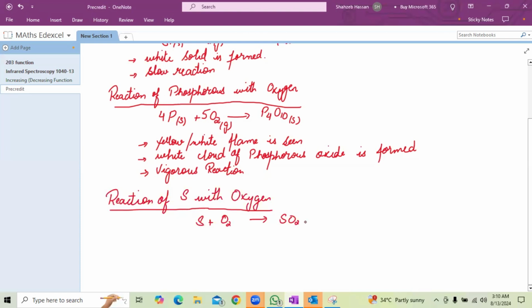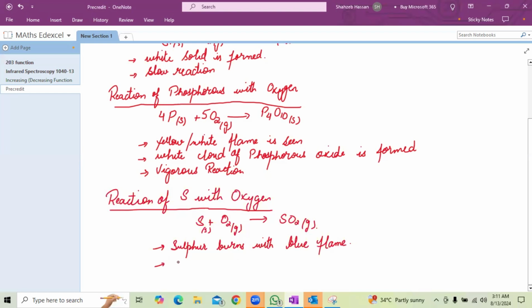Okay, that is in gaseous form, and that is in gaseous form, and that is in solid form. So what would be the color of the flame? The sulfur burns with a blue flame. So this is basically its observation.